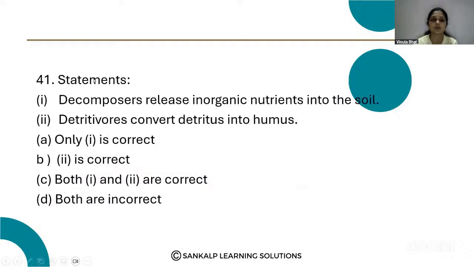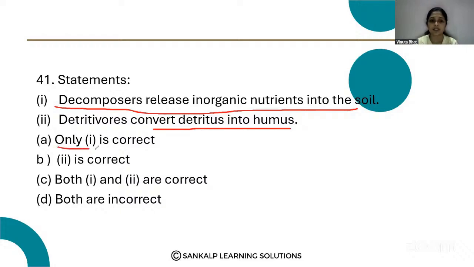Next question, question number 41, a statement based question. Decomposers release the inorganic nutrients into the soil. Detritivores convert the detritus into humus. See the options. Only one is correct. Only statement 1 is correct. Only 2 is correct.